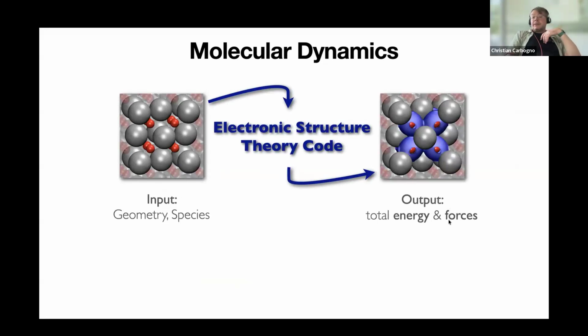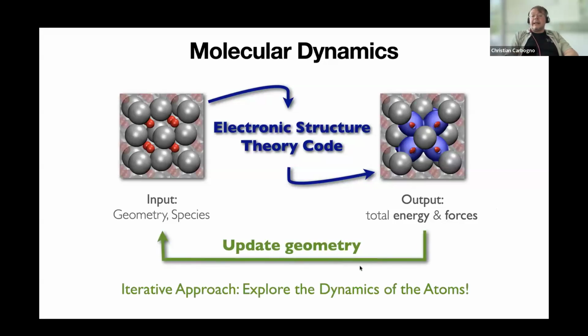And now we don't use these forces to relax the system as we have done before, but we use these forces to solve the equations of motion, to look at how the system would move at a certain temperature. So we again update the geometry, but we do it in a dynamical way by integrating the equations of motion. And that allows us to explore the dynamics of atoms.